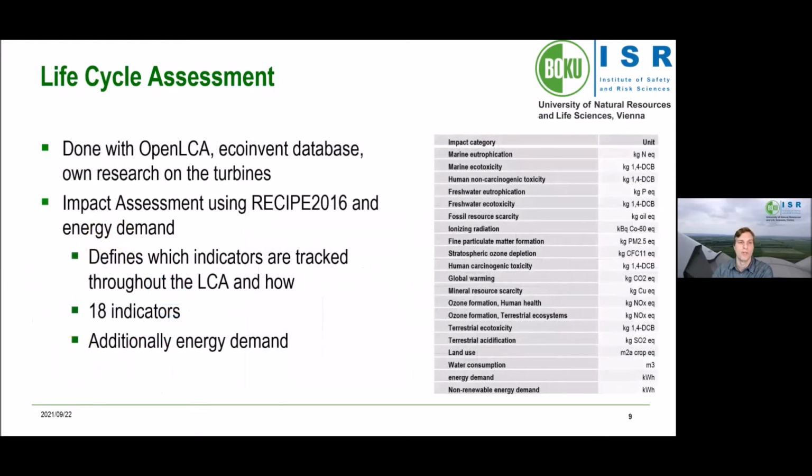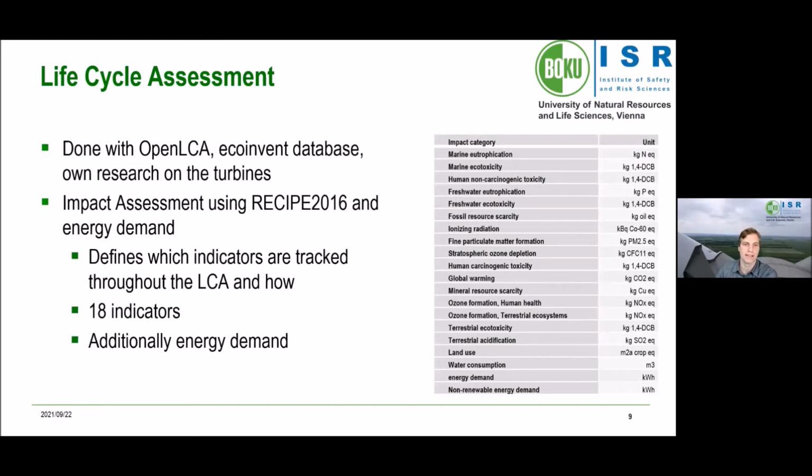Okay. We used OpenLCA, an open source software for doing LCA analysis. We used the EcoInvent database as input for the resources, and we did the final impact assessment using ReCiPe 2016 and also added the energy demand. ReCiPe 2016 defines which indicators are tracked throughout the LCA, and there are several ways in which you can assess them in detail.